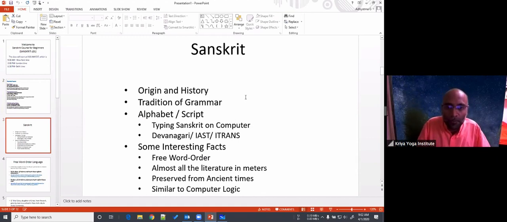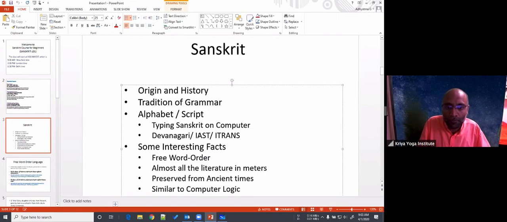alphabet and script. I would like to again tell you that these are two different things. Sanskrit being a completely phonetic language, it can have multiple scripts, and there are multiple scripts. Most common is called Devanagari.